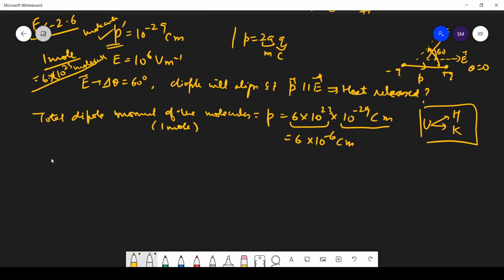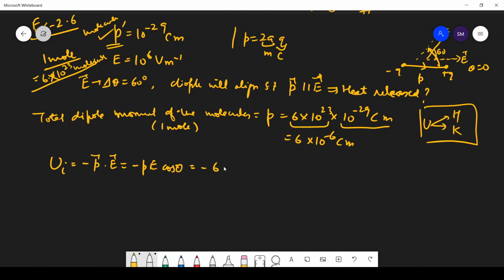Now what was the initial potential energy? Initial potential energy is minus P dot E, which equals minus PE cos theta. Initially, E and P were in the same direction, so the angle was 0.